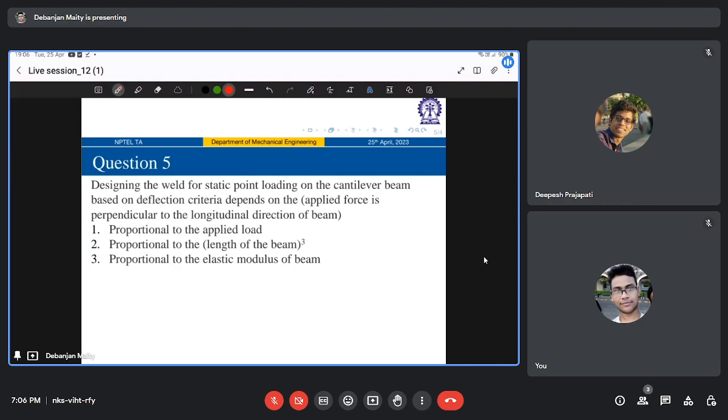In most cases, either you have static loading or the weld may be subjected to dynamic loading. If we talk about static loading, mainly we talk about the strength of the material. The ultimate tensile strength is basically taken as the strength, so that is your UTS. That talks about your welding strength.